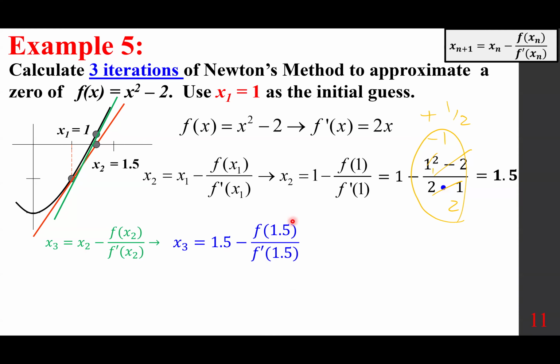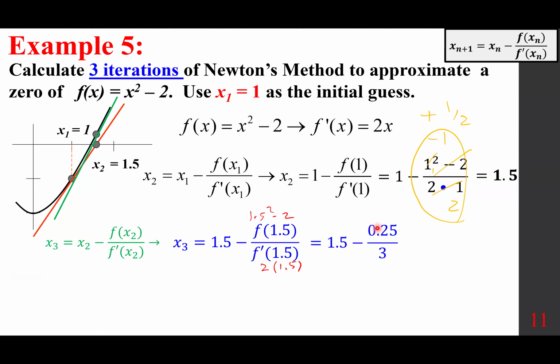So we get 1.5 minus f of 1.5, 1.5 squared minus 2, over f prime, 2 times 1.5. The bottom becomes obviously 3. 1.5 squared is 2.25, minus 2 is 0.25.